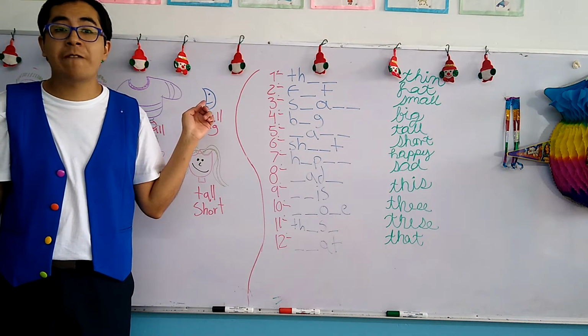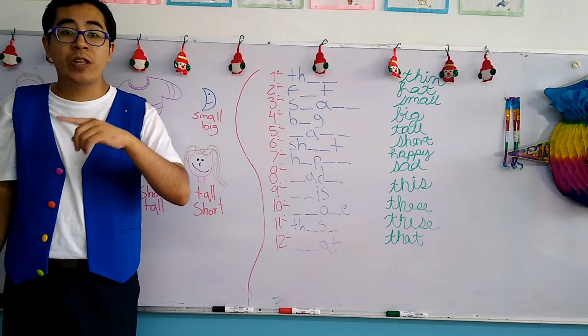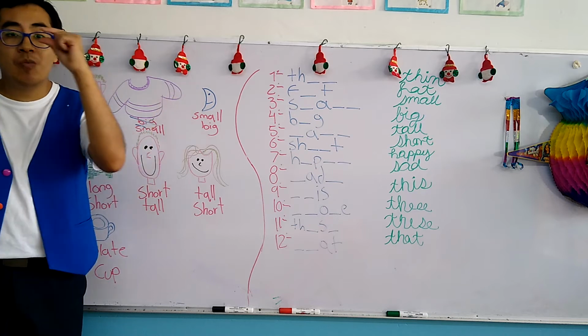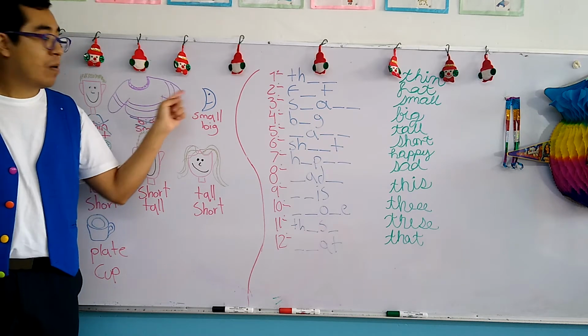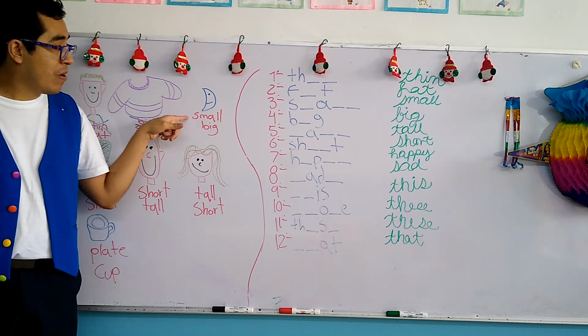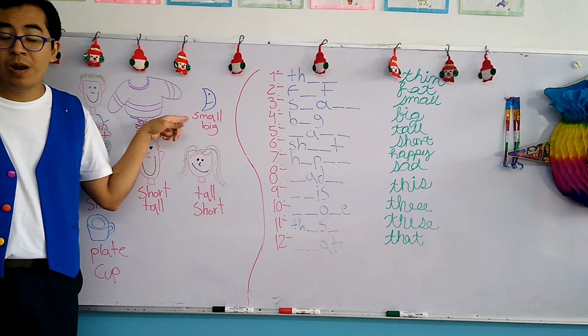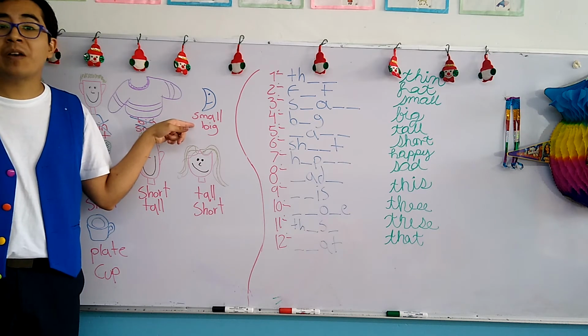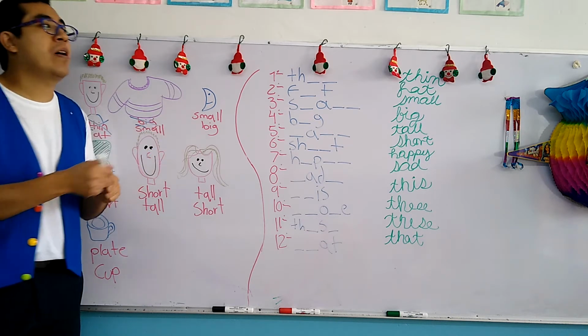Once again, we have a moon. And according to these 2 objects, which one is small? The sweater or the moon? The moon. So, number 1, it says small. Number 2, it says big. Which one is the correct? The number 1, small.